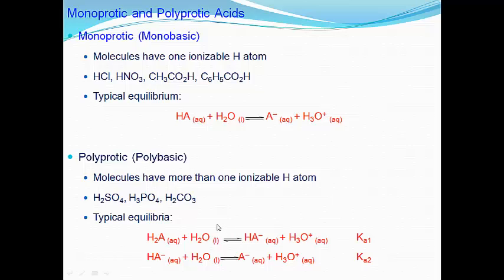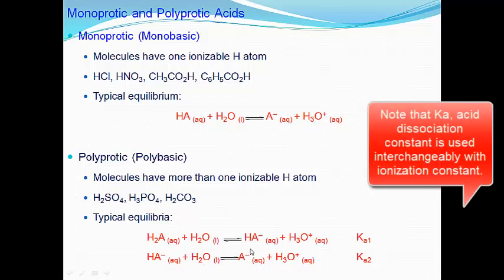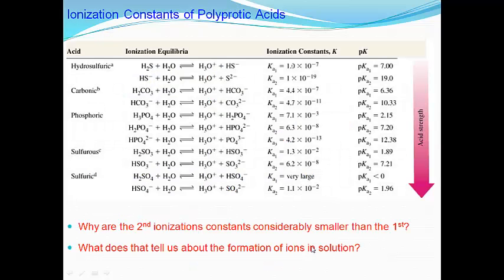In a typical diprotic case, H2A plus H2O gives us HA- plus H3O+. This is the first ionization step, and hence the ionization constant is Ka1. The conjugate base that is formed now acts as an acid in the second ionization step, reacting with water acting as a base to give us a different conjugate base and additional H3O+.